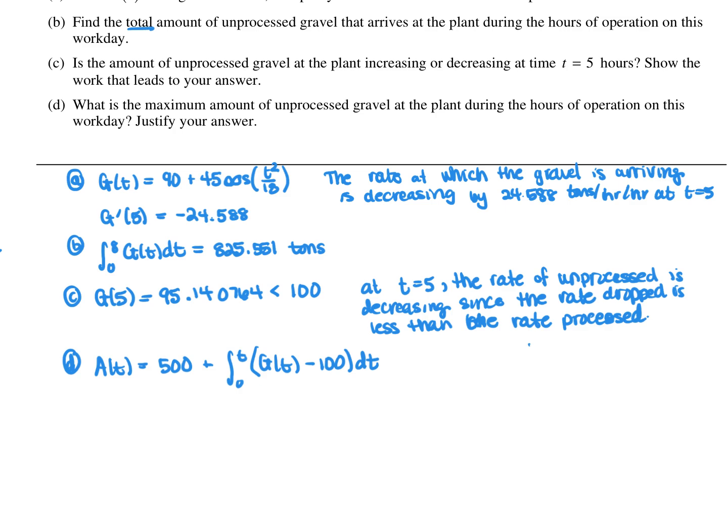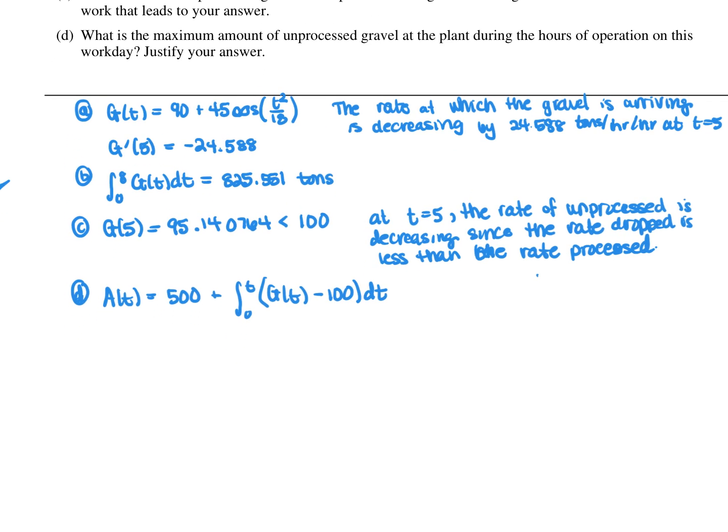So we want that to be a maximum. If you want to maximize something, you have to take its derivative, set it equal to 0, and find its critical point. So A prime is going to be g of t minus 100, and we're looking for when that's equal to 0, and that happens at time equals 4.92348.